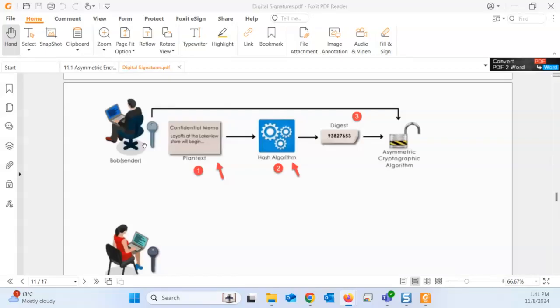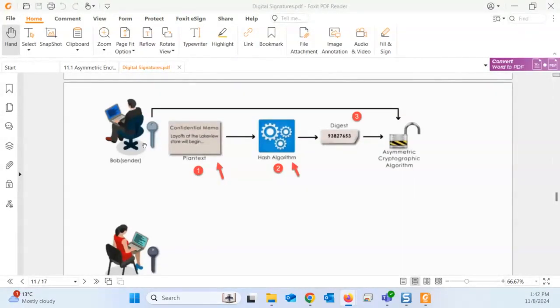Second is that we are going to create a hash that will generate a digest for the message he created, with some kind of hashing algorithm. What kind of hashing algorithm he's going to use, we are not going to look at, but with some mechanism he is going to generate the digest against that text.